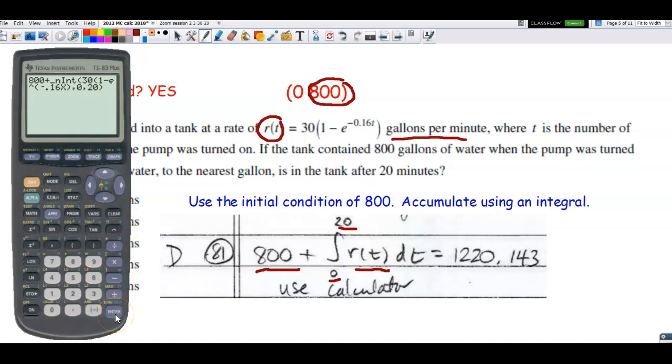And then enter. You could have added up. I knew that was going to happen when I tried to. Let's see. Where do I have a parenthesis that didn't get closed? 1 minus e. Okay, right there. See that parenthesis right there?